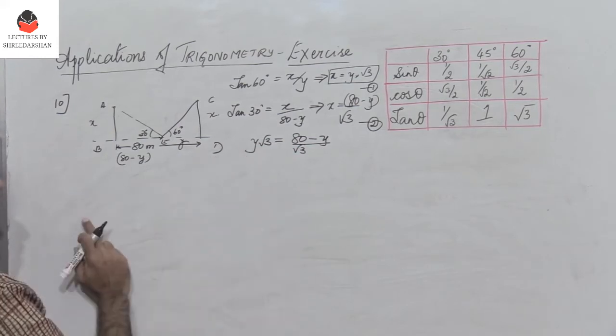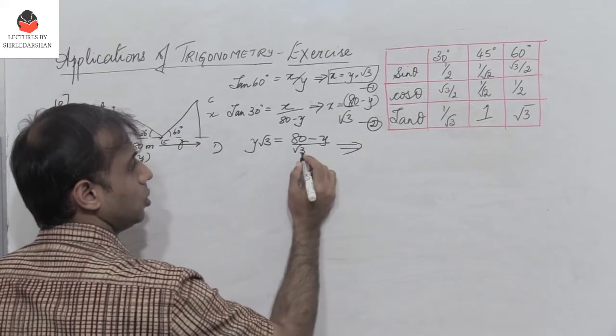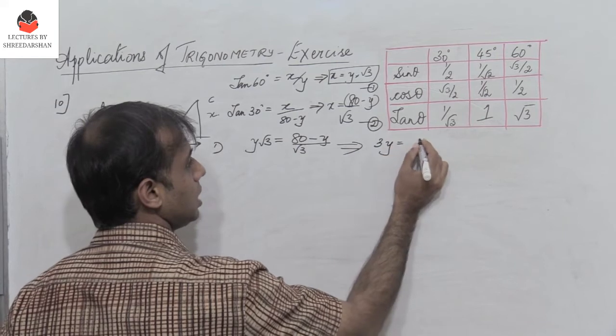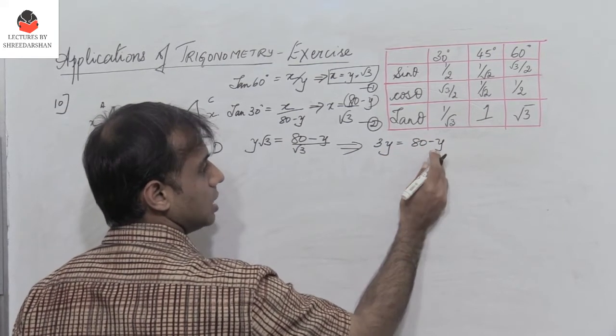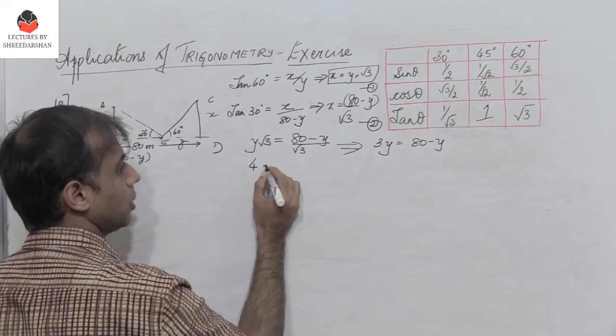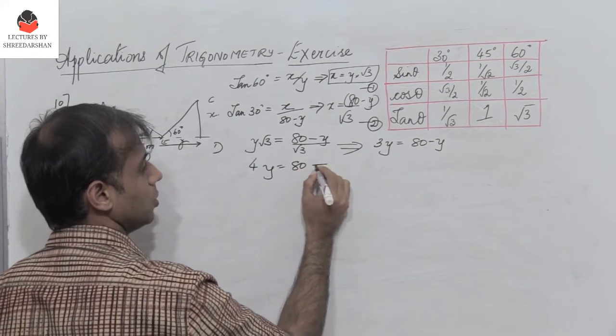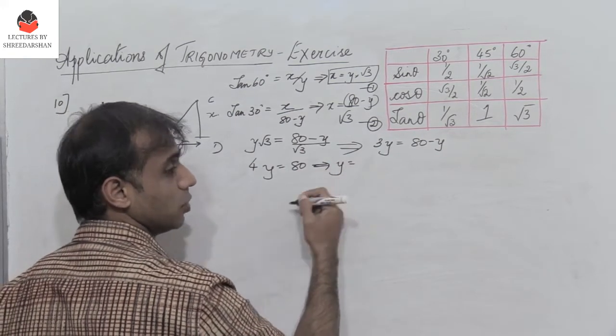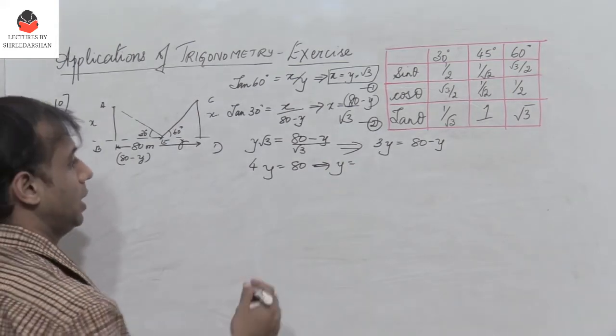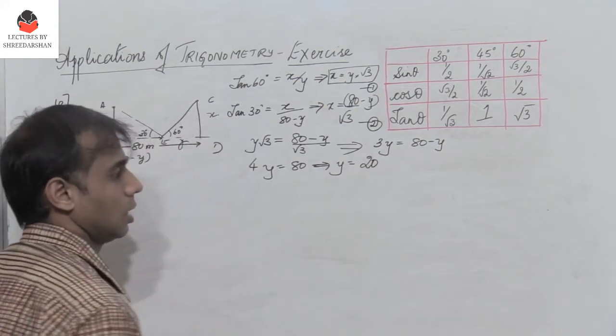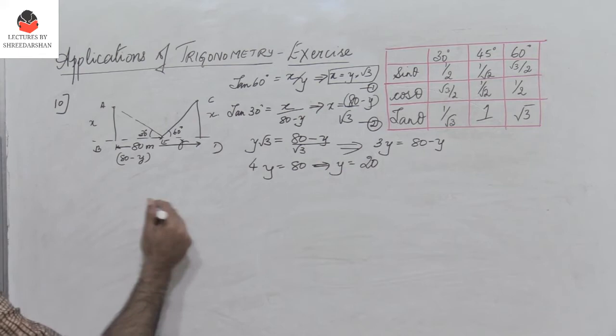Take this root 3 to the LHS. You get 3y equals 80 minus y. Bring this y here, I get 4y equals 80, which implies y equals 80 by 4, which is 20.